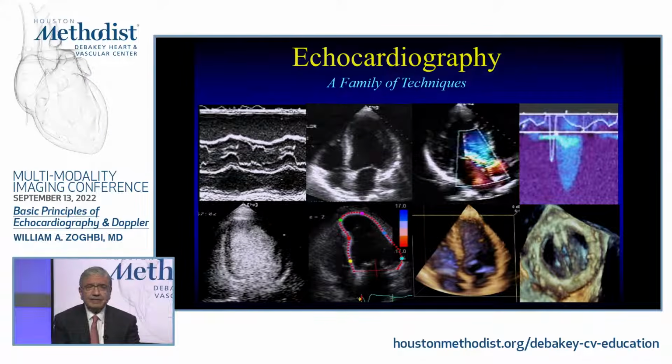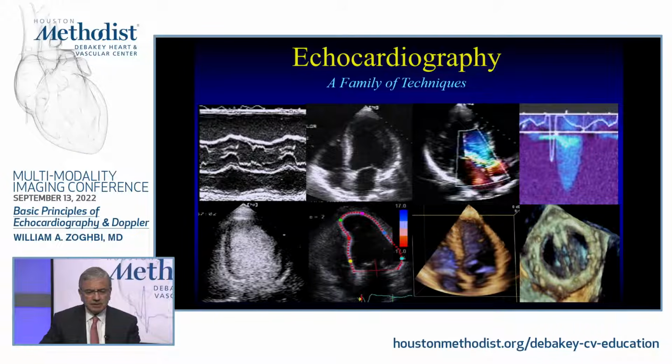This field has evolved so much over the years. It is really a family of techniques nowadays using the same principle of sending ultrasound and reflected ultrasound that will be processed to ask different questions, either the intensity of the reflected wave or maybe a frequency shift of that wave, and that's the principle of Doppler echocardiography.